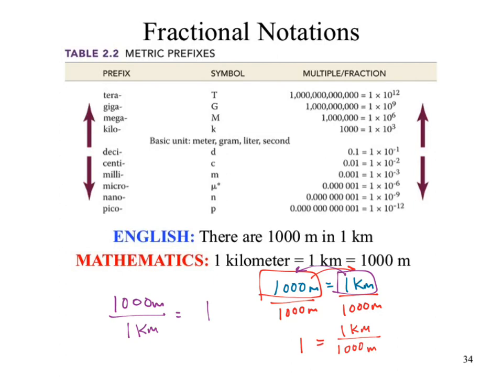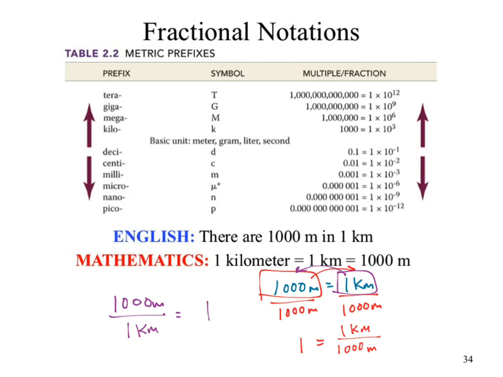1. Okay. The power of this is that I now have those units that can potentially cancel other units in my expression. Okay? So what we've generated here is a conversion factor that equals 1. I can multiply any equation I want by 1 because it doesn't change the meaning.